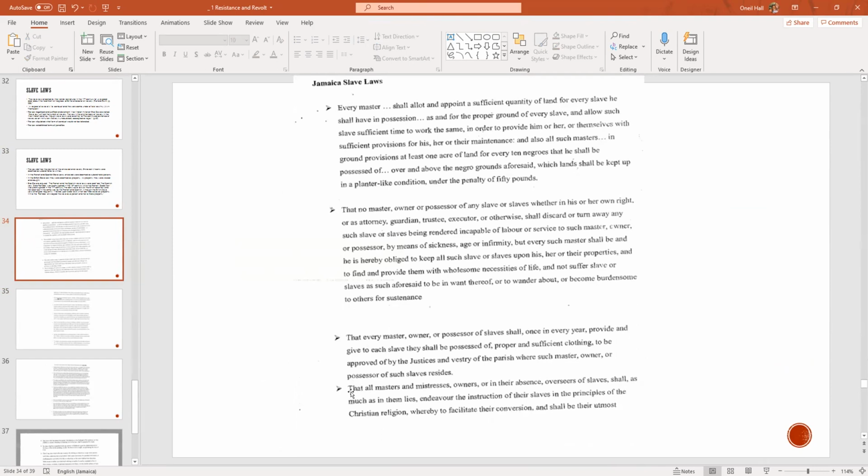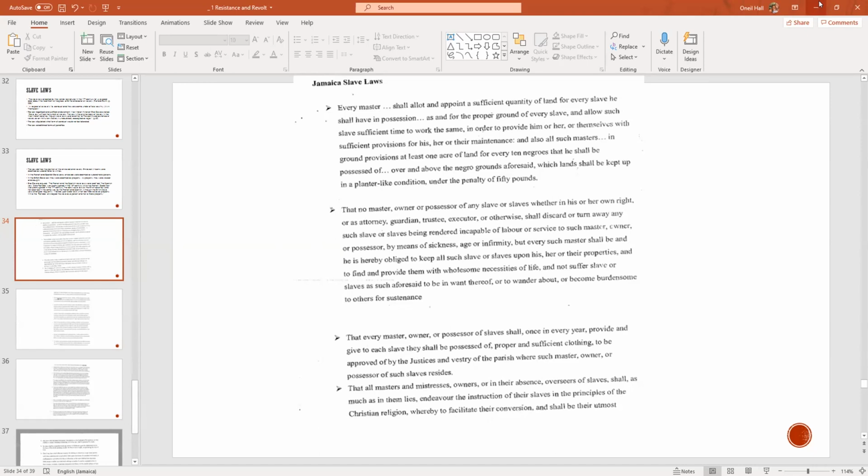That all masters and mistresses, owners, or in their absence, overseers of slaves, shall as much as in them lies, endeavor the instruction of their slaves in the principles of the Christian religion, whereby to facilitate their conversion. So this is from the Jamaica slave law, right?